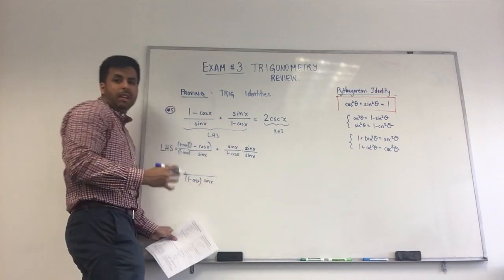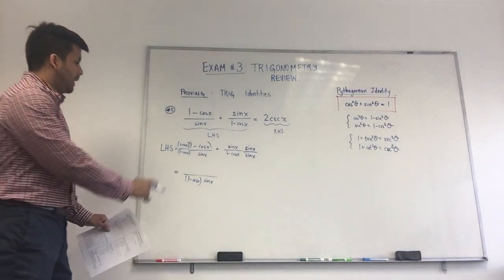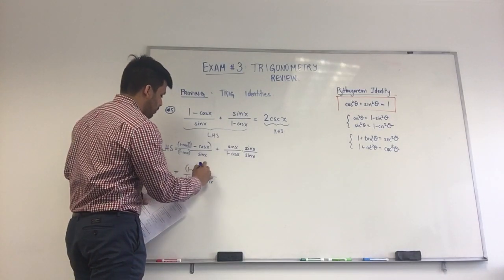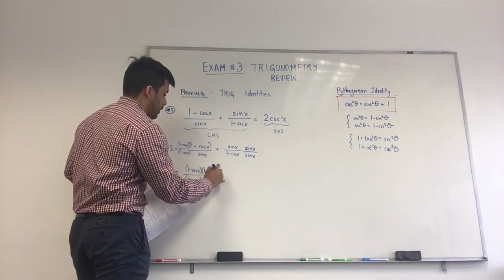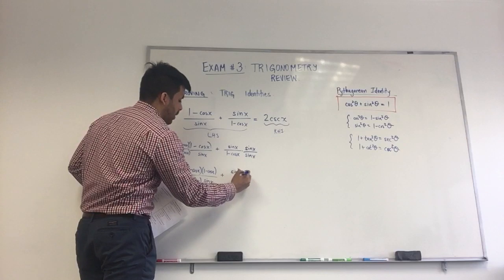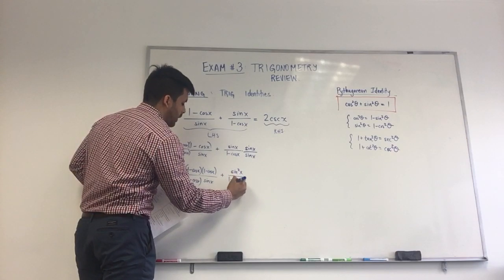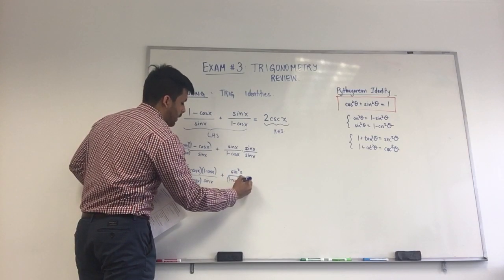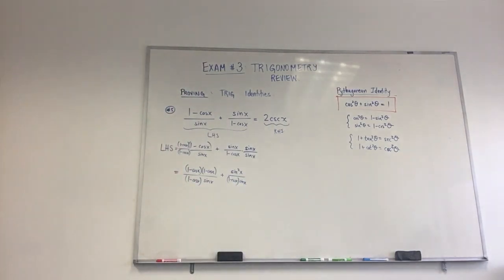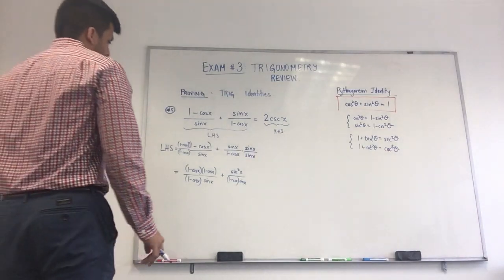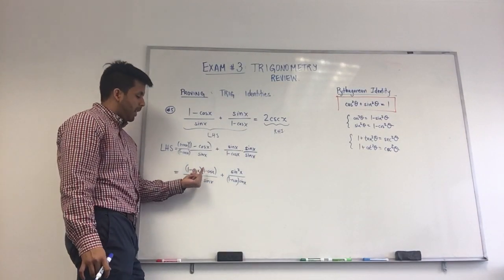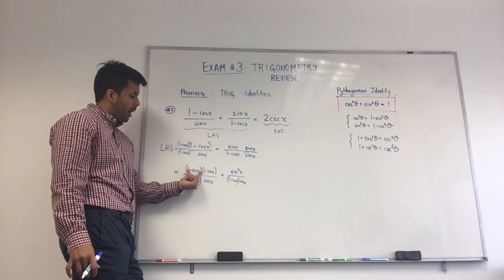And when I do so, I have the denominator 1 minus cosine x multiplied by sine x. And for now, I'm just going to leave it as a product. And here I have 1 minus cosine x multiplied by 1 minus cosine x, plus sine x times sine x is sine squared x, over 1 minus cosine x sine x. Okay, so this is what we have so far. Now I realize I need to use some algebra here and expand this product.